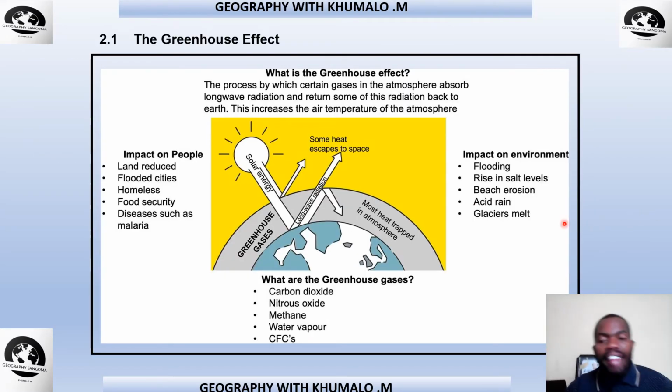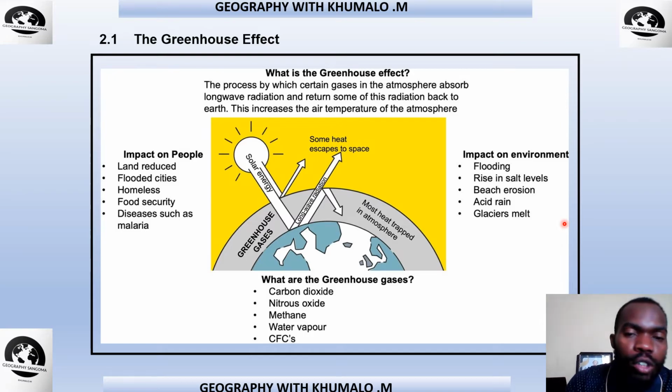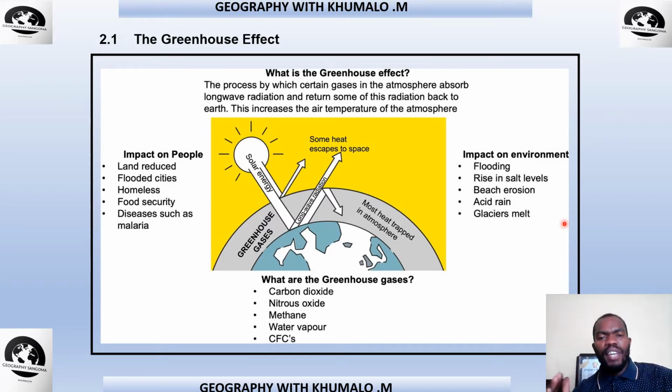Now, another nice topic that you've done, grade 10s, is what we call the greenhouse effect. What is the greenhouse effect, grade 10? The process by which certain gases in the atmosphere absorb the long wave radiation and return some of this radiation back to the earth. This increases the air temperature of the atmosphere.